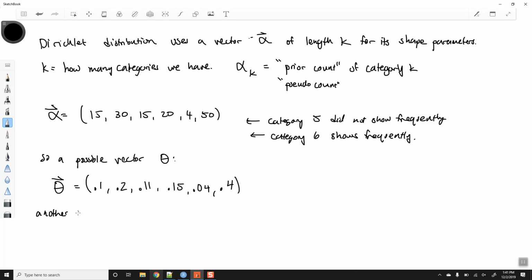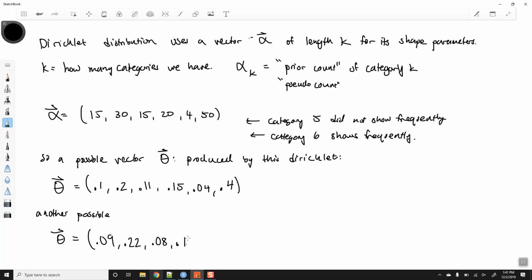And another possible vector theta produced by this Dirichlet would be something similar, like 0.09, 0.22, 0.08, 0.16, 0.01, or maybe I'll do 0.02, and whatever else goes here, so it adds up to 1.